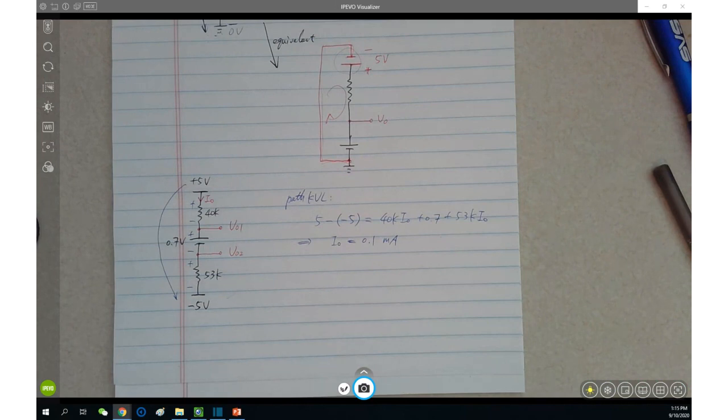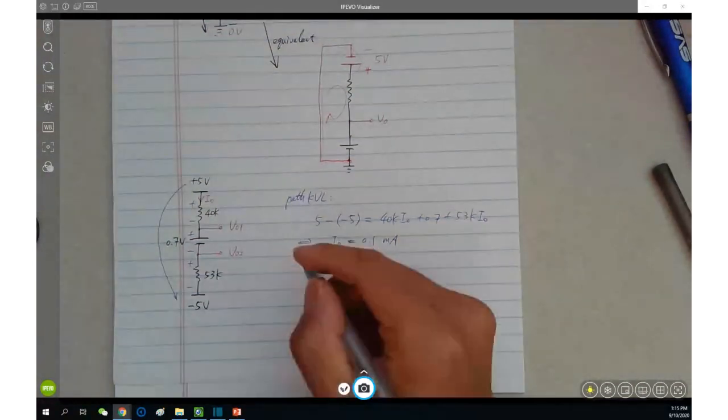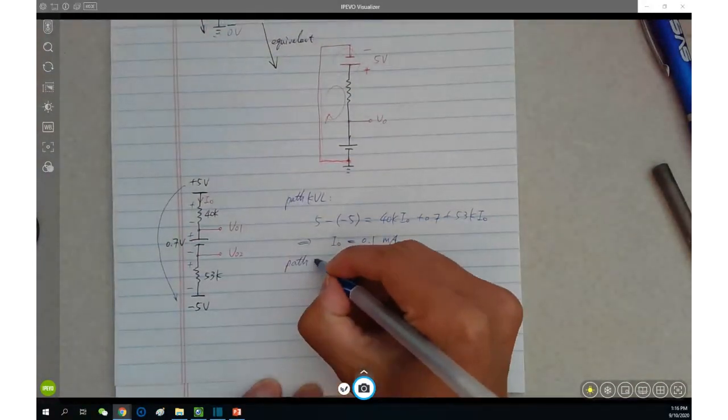All right, if this is fine, then we move on to V naught 1 and V naught 2. Actually, there is more than one way to find them. However, my way is remaining with the pass KVL idea.